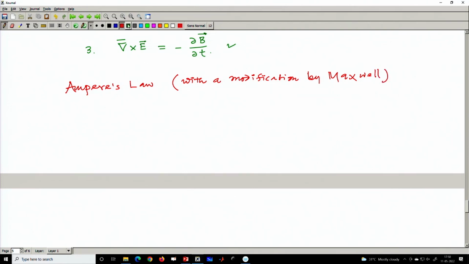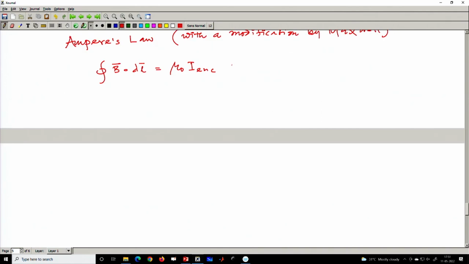And what was that? B dot dl in integral form should be equal to mu 0 I enclosed. This I enclosed now contains two terms: one is I conducting and another is I displacement.